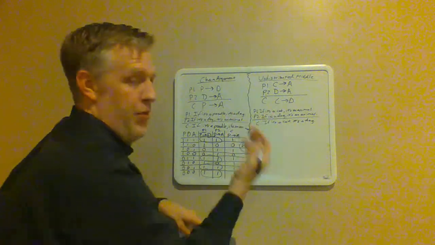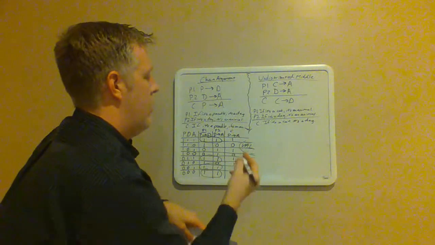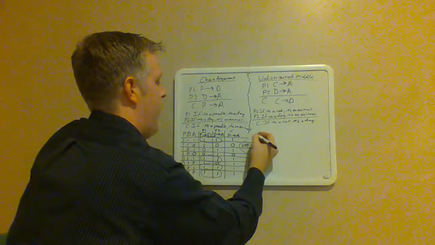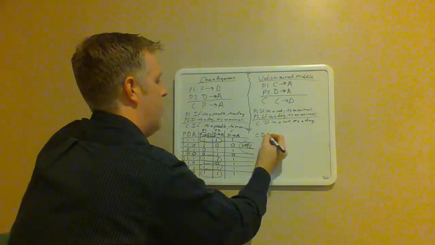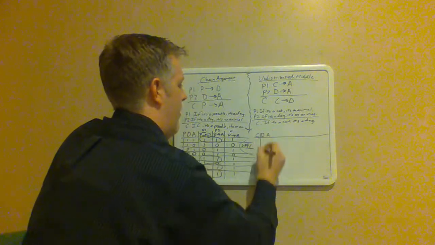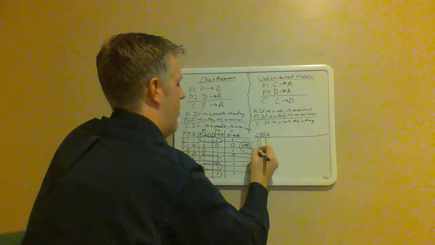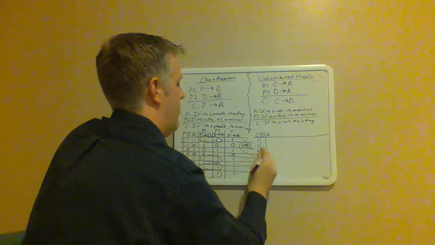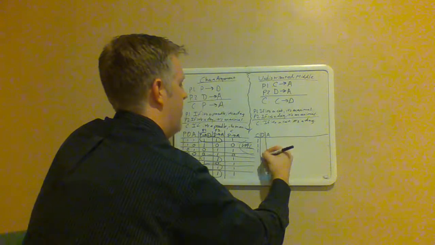Okay, so let's go ahead and create the truth table for this. Again, we have 3 different basic claim variables, C, D, and A. So we will need 3 different reference columns and ultimately 8 rows for this truth table. And on the far left, we always start with half trues and half falses, right?